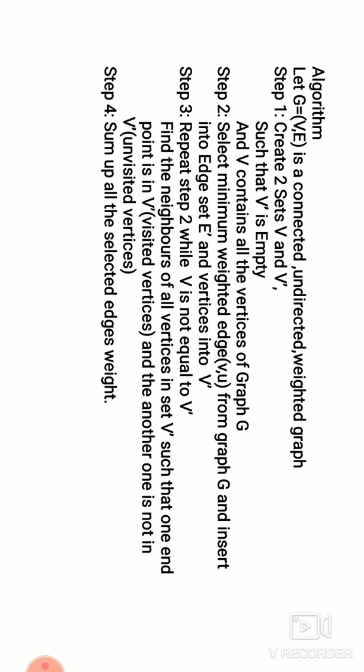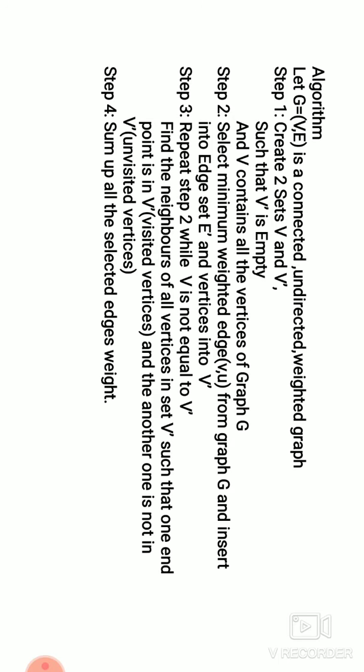Find the neighbors of all the vertices in set V dash such that one endpoint is in V dash and the other one is not in V dash, that is one vertex is visited and the other vertex is unvisited. This means that we have to find the minimum edge in the graph which has one endpoint in V dash and another endpoint in V, that is one is already visited, the other vertex is unvisited.